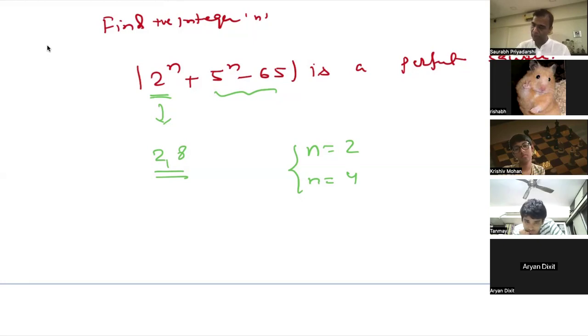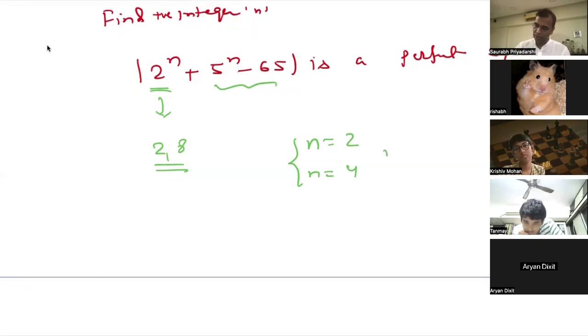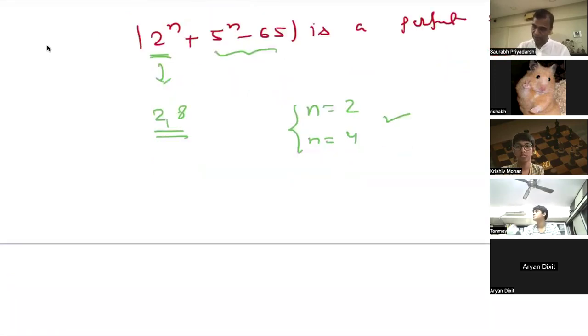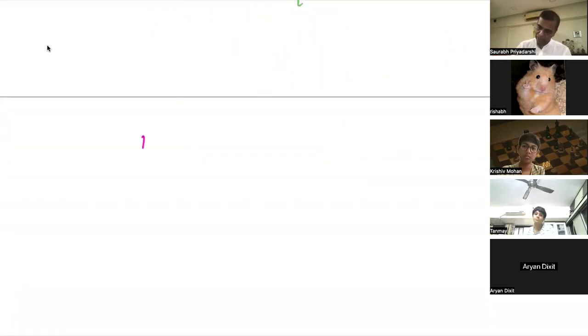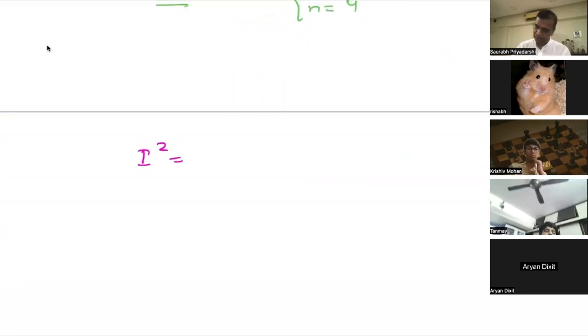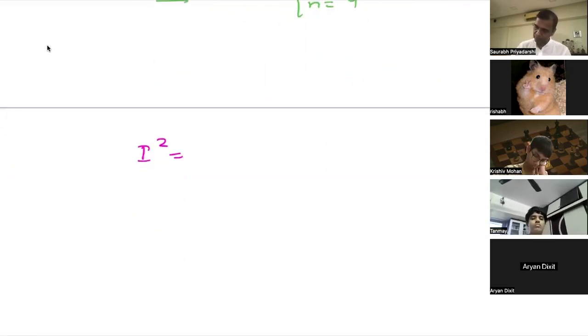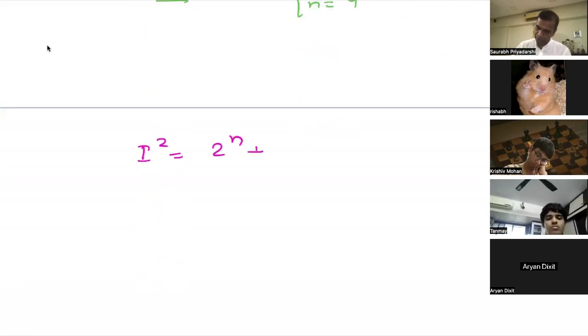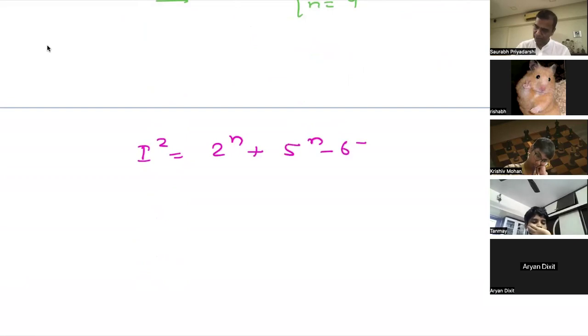So 2 values I'm getting, so we are lucky that we are getting 2 values. But the integer square is equal to, if I'm writing this as 2 to the power n plus 5 to the power n minus 65. Why is the number 65 only given? That we have to see.